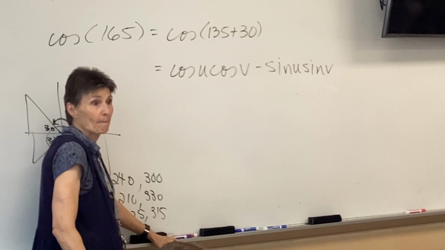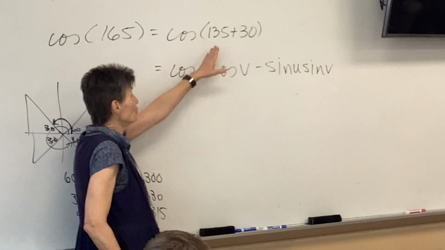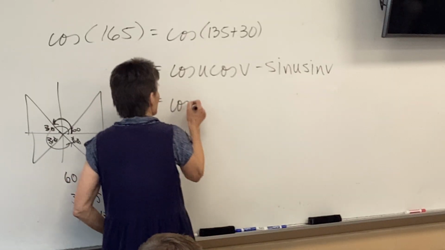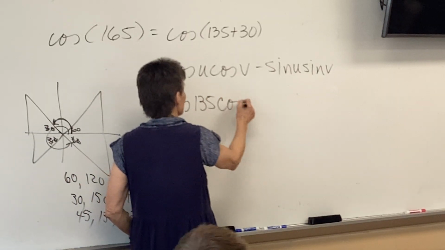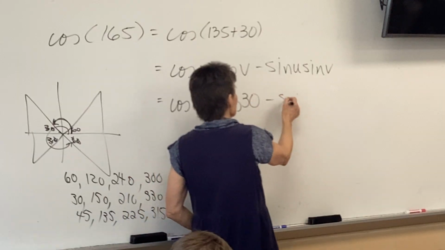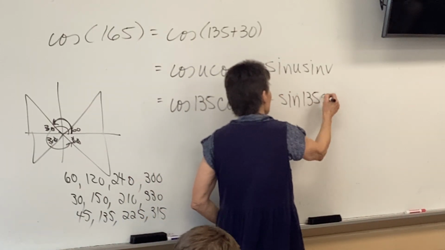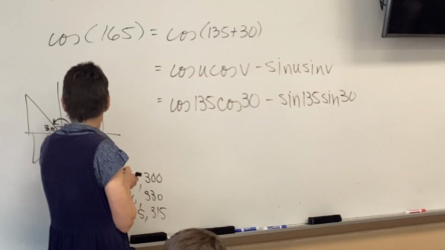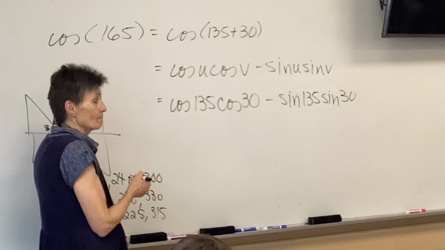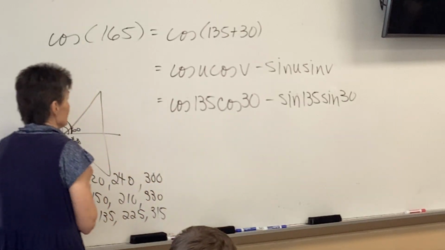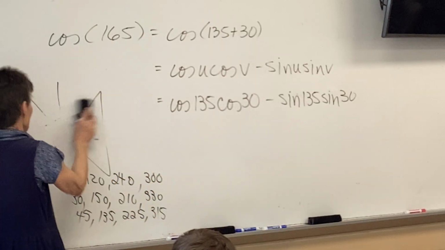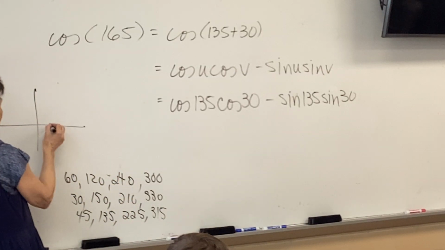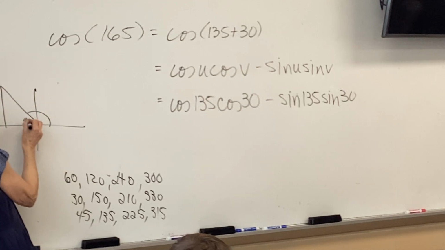Everybody find it? So our u is 135, our v is 30. Here we go. Cosine 135, cosine 30, minus sine 135, sine 30. Everybody good? So now, I'll draw a picture of 135, which is over here, and that's one of my 45s, right?